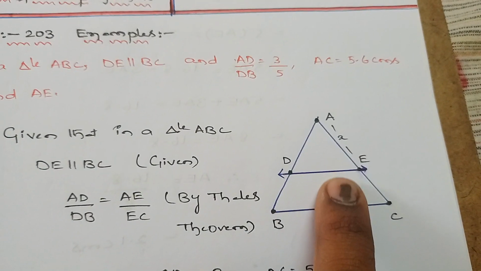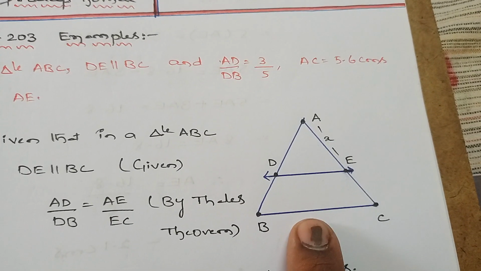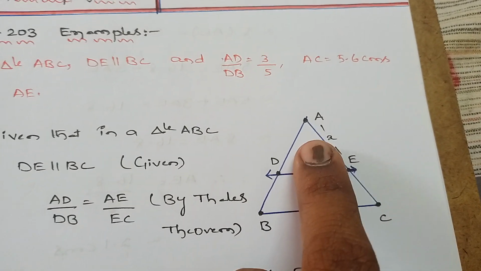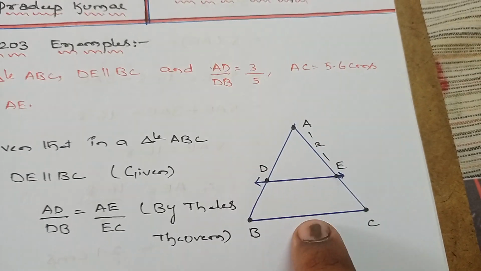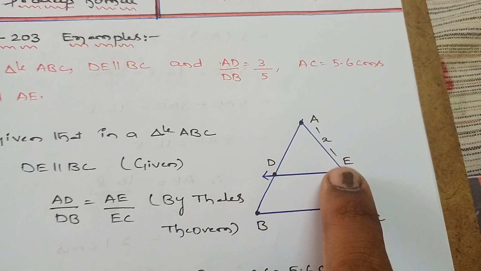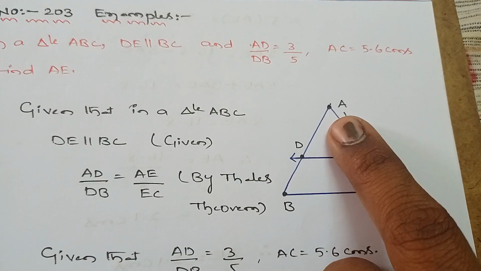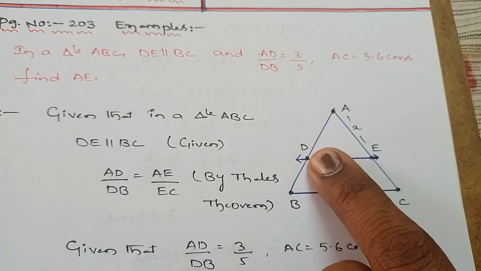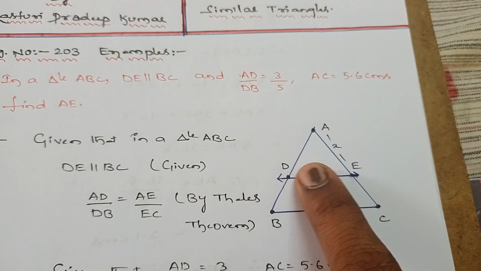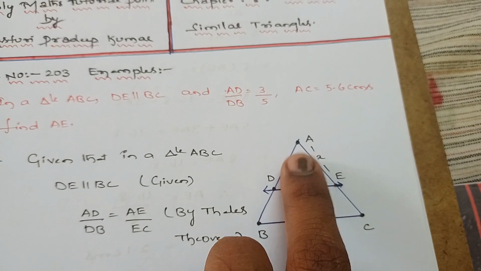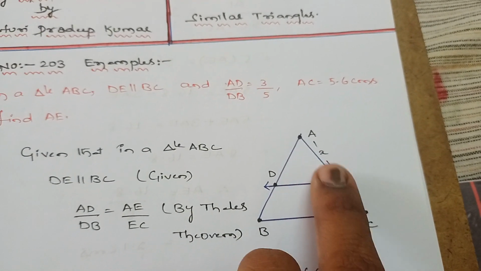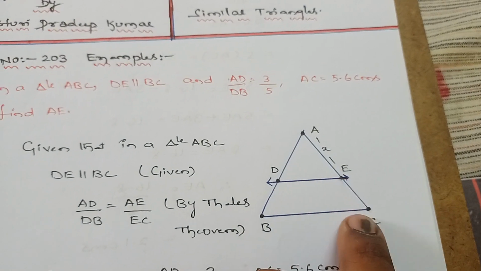Since DE is parallel to BC, therefore what I said, if a line is parallel to one side, then it divides the other two sides in the same ratio. So whatever value they gave for AD and DB, that value will be equal for the other side also, AE and EC.